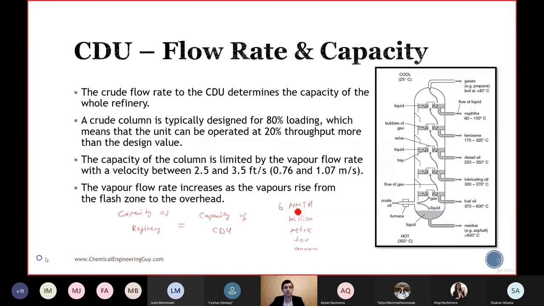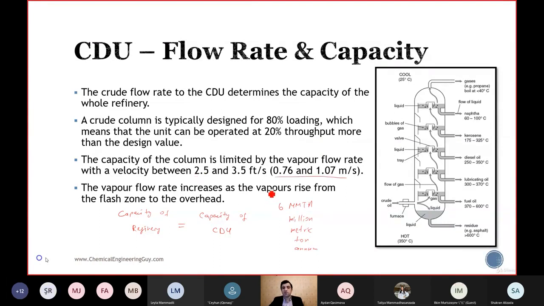And the crude column is typically designed for 80% loading, which means that we have a 20% gap. The capacity of the column is limited by the vapor flow rate, with a velocity of between 0.8 and 1 meter per second, which means that we have vapor here, and up to here it will be around 1 meter per second.